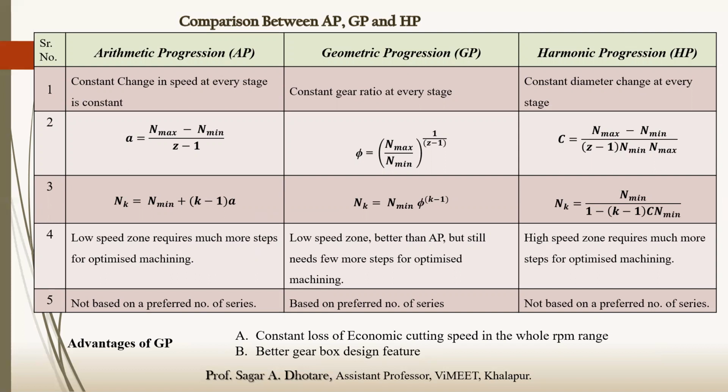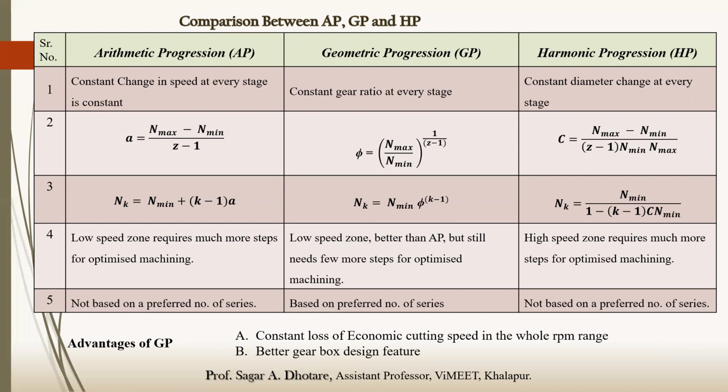Now to calculate the variation in each stage: in arithmetic progression, we are doing the variation with the speed. So A is equal to n max minus n minimum divided by z minus 1.